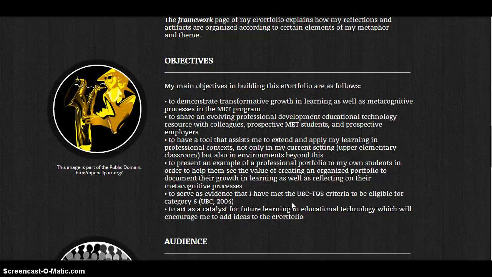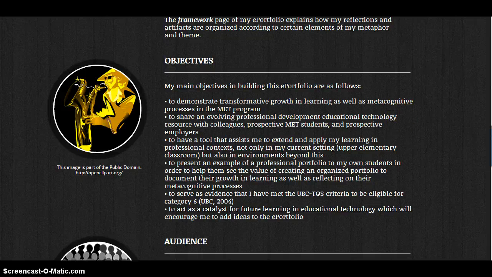I would say that, as an example, the outcome of the ePortfolio was me demonstrating transformative growth and learning, as well as cognitive processes in the MET program. And I do have, as an outcome, a tool that assists me to extend and apply my learning in professional contexts beyond my current teaching setting.